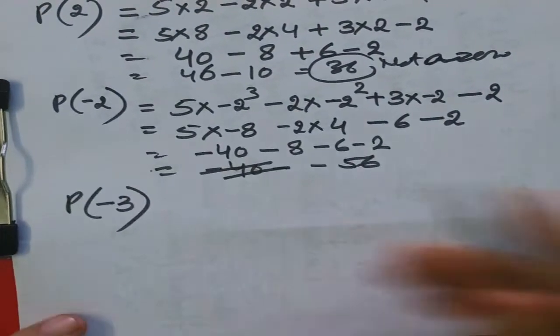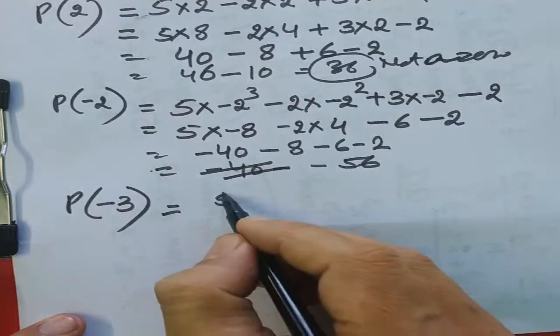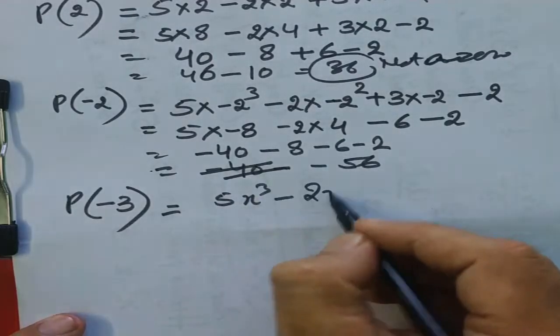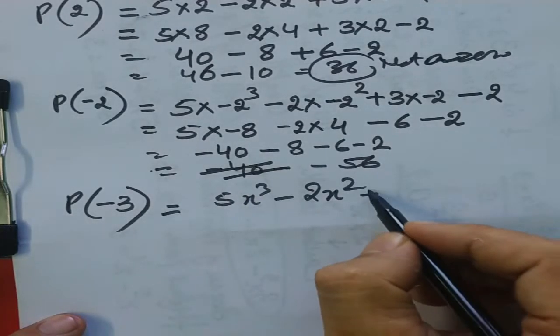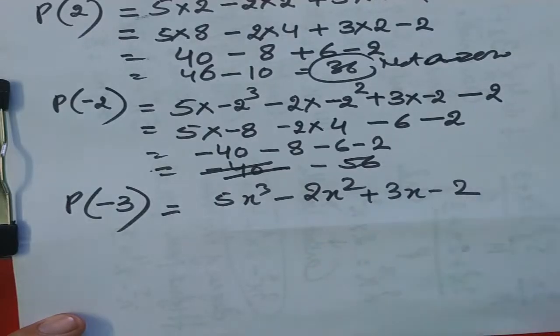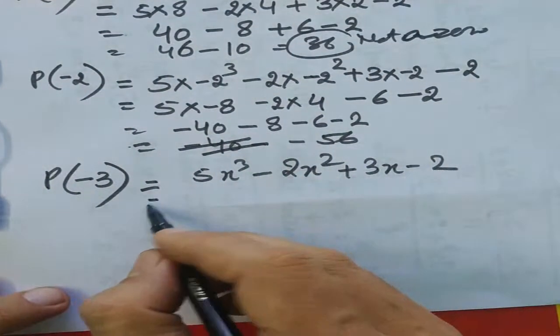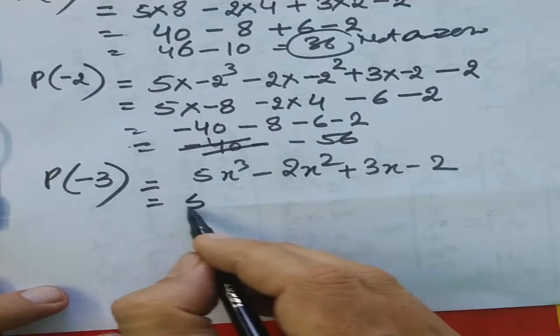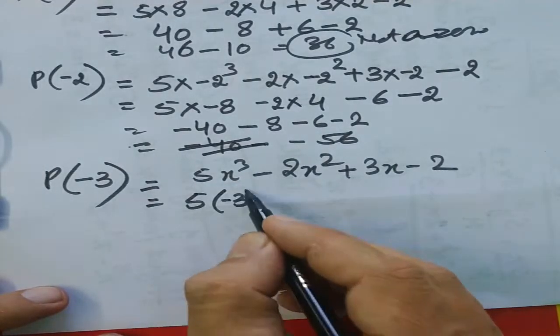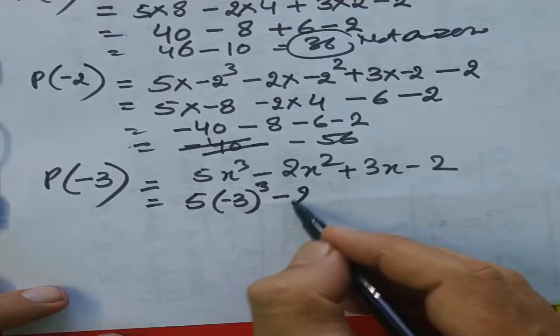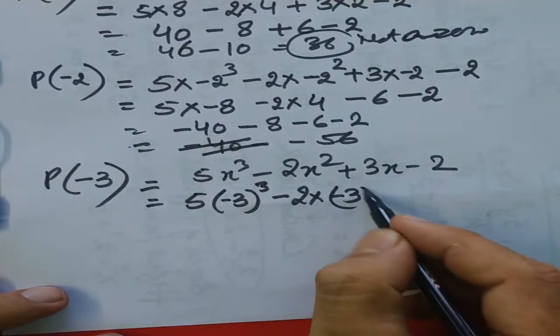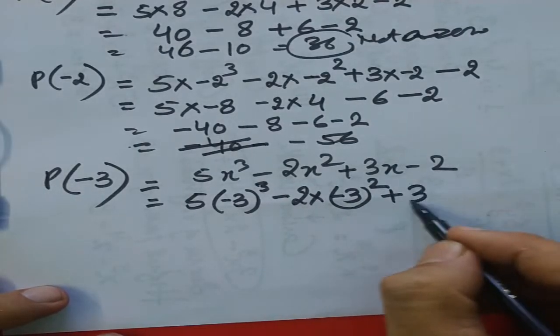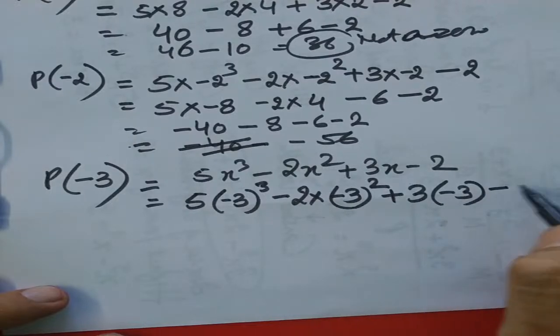Now let's see, does it give you 0? The expression is 5x cube minus 2x square plus 3x minus 2. Now let's put minus 3 in place of x.